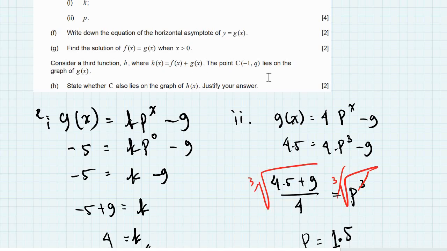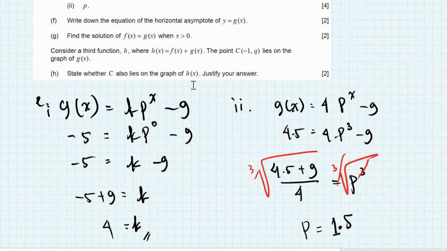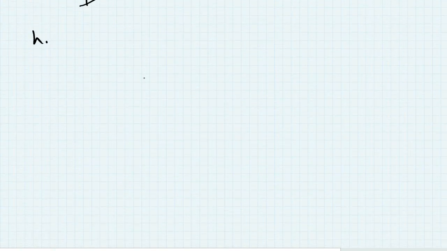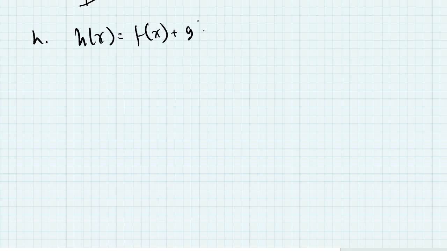State whether C also lies on the graph of hx. Justify your answer. We have hx equals to fx plus gx, and we have point C, which is negative 1 comma q.